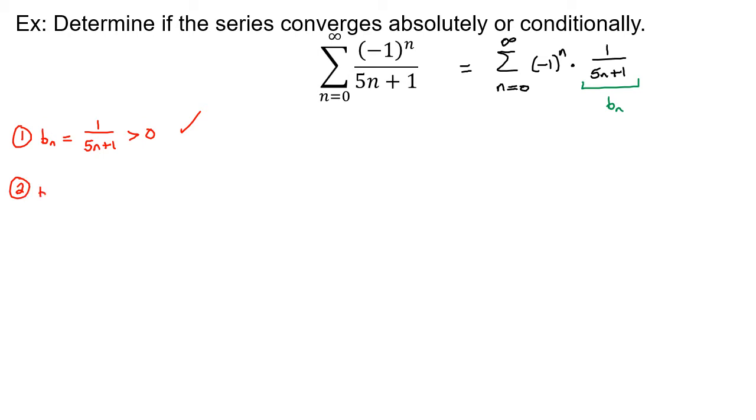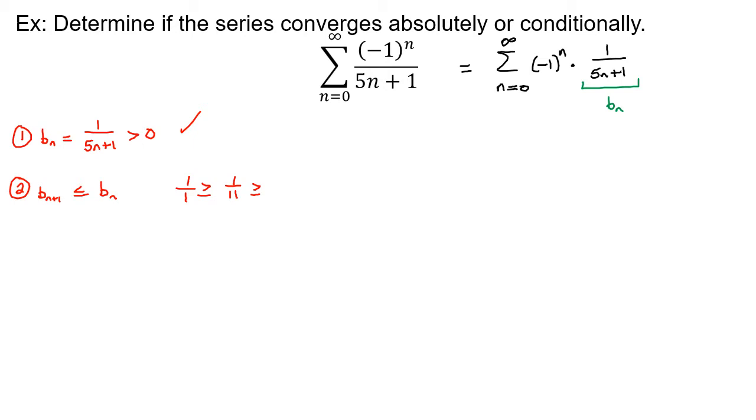We need the numbers to be decreasing as we go along. So the next one down the line needs to be smaller than the one before it. Plug a few in if you want to. If I plug in 0, I'll just get 1 divided by 1, which is 1. Hopefully that's bigger than the next one.